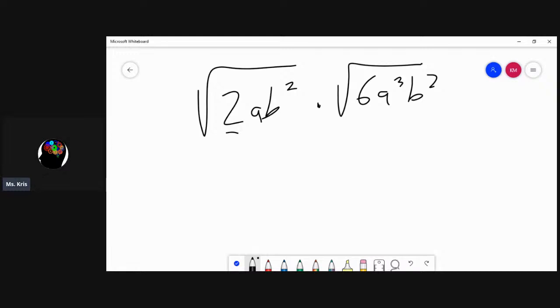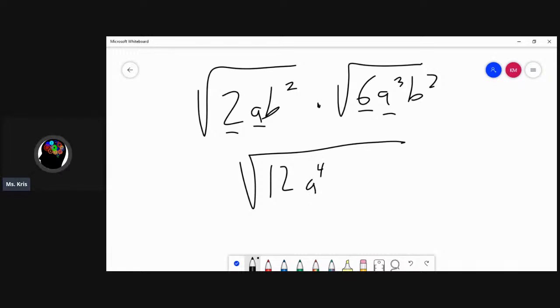Of course, multiply the numbers to each other under the radical. And 2 times 6 gives me 12. A to the first times A to the third gives me A to the fourth. And of course, B squared times B squared is B to the fourth.